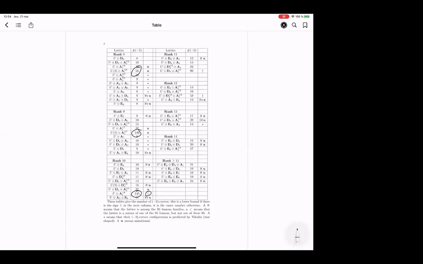The last here is rank larger or equal to 15. So it is 15, 16, 17, 18, 19, and there are no rank 20 K3 surfaces with finite automorphism group. In fact, that was known, for example, by Shioda. So here is the classification.